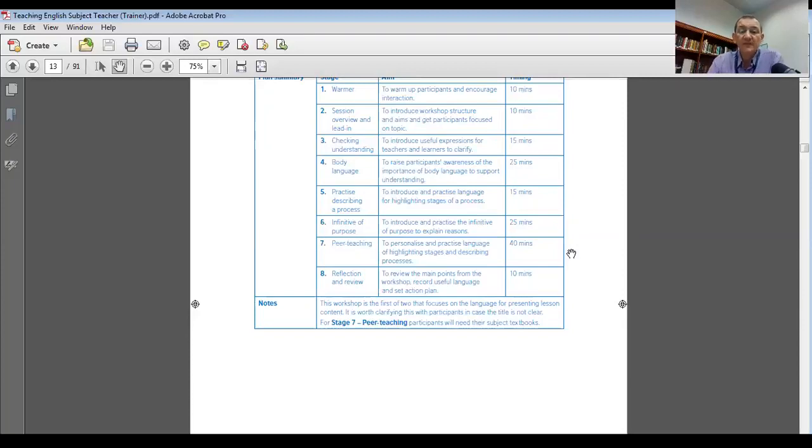Finally, step 8 is the reflection and review. And once again, and this is the same for every one of these units, they will record language that they feel is useful from this session, and they will write an action plan.